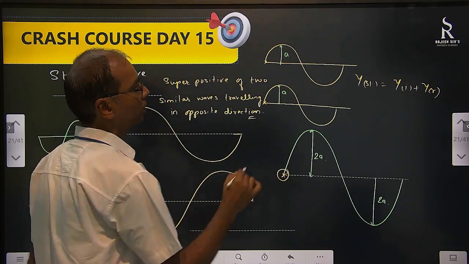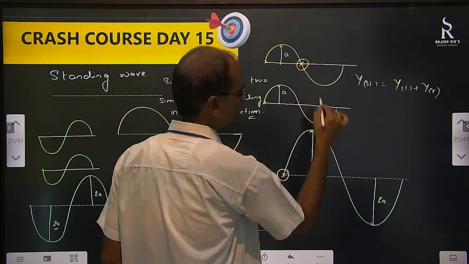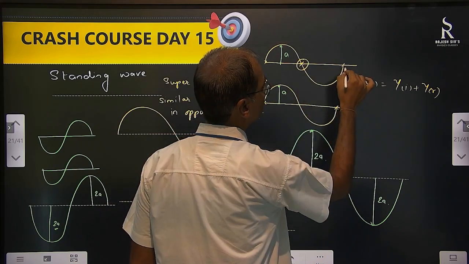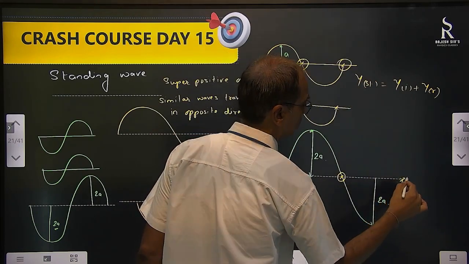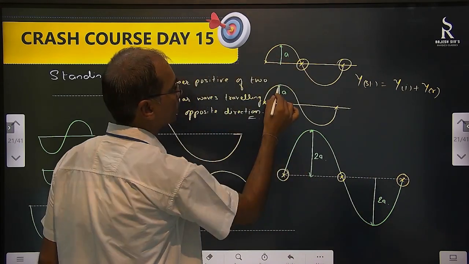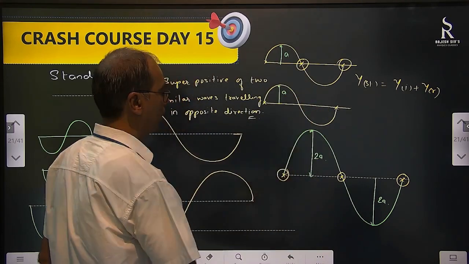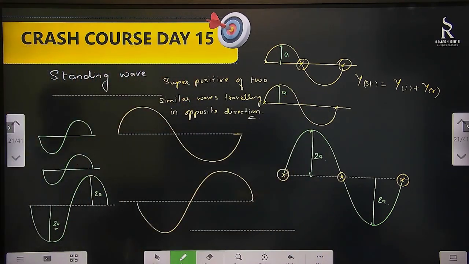Same way this point here is at rest always. Same way this point here is at rest always. Right? Whereas this one keeps on moving like this. Here also, same way, this is at rest, this is at rest, this is at rest.